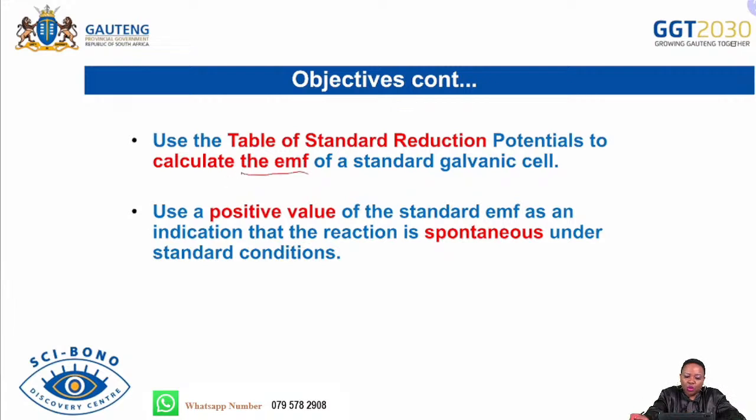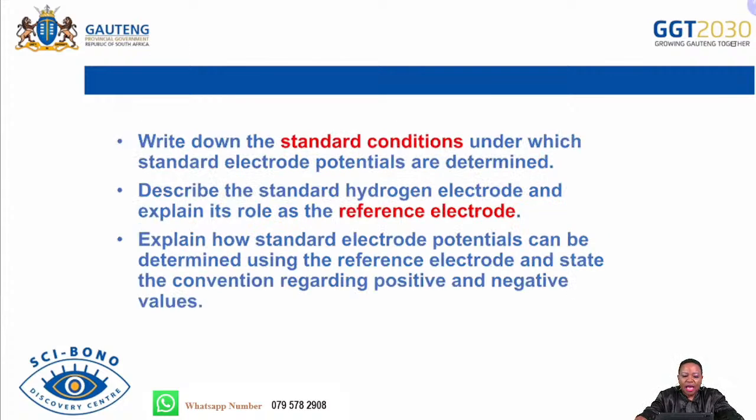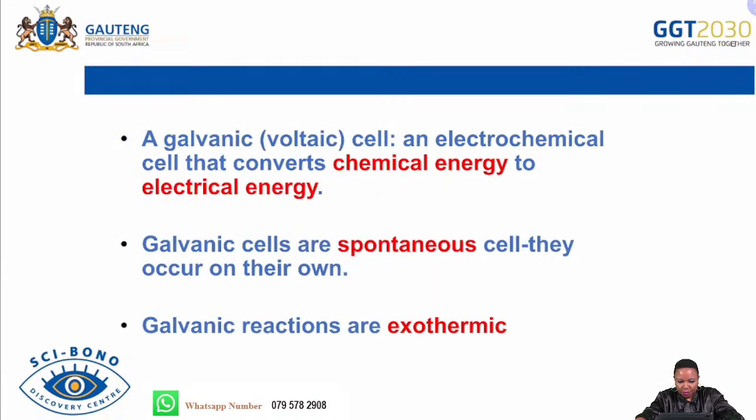We will also explain the meaning of the positive value, which indicates whether the reaction is spontaneous under standard conditions. And then we are also going to use the hydrogen electrode as our reference electrode, explain why the hydrogen electrode is referred to as a reference electrode, and explain how the standard electrode potentials can be determined by using that reference electrode.